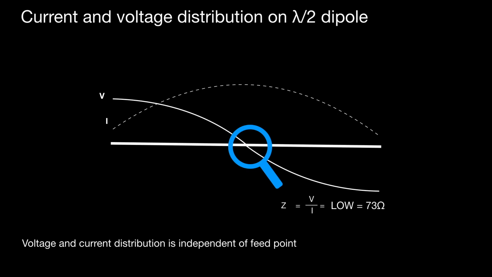Here we see that the voltage is 0 at the center, or very close to 0, and the current is high. So that implies that the impedance, Z equals V over I, something low over something high, is low. And in fact, the theoretical figure there is 73 ohms, very close to the 75 ohms that you see for feeders, or some feeders.